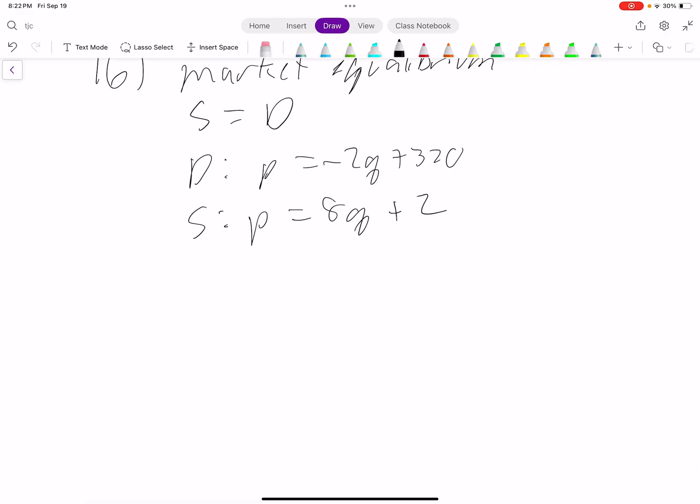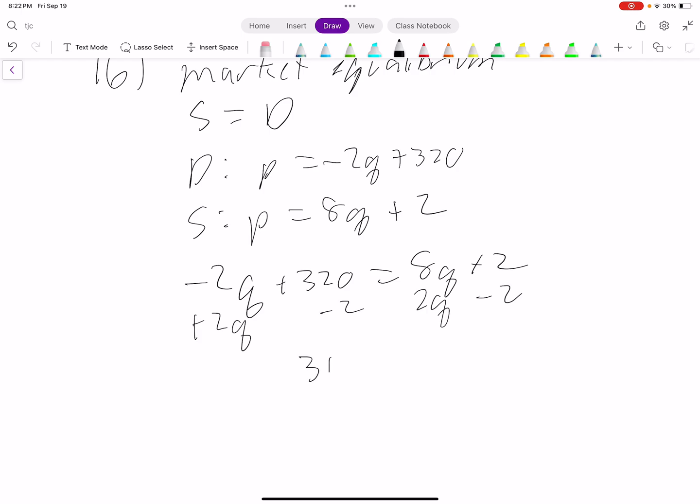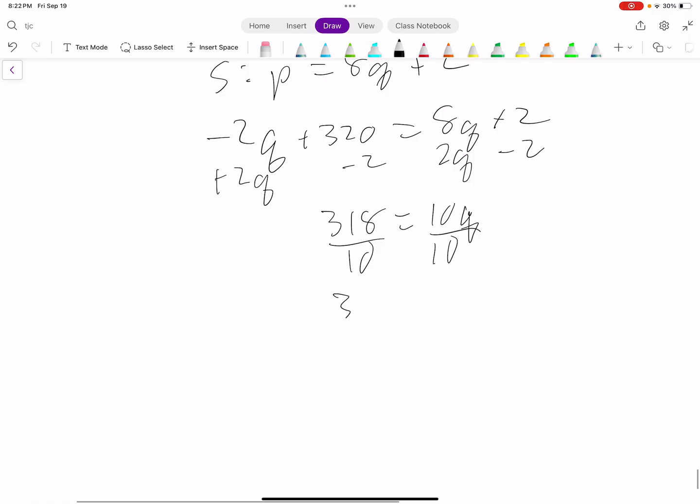Fortunately, they're both solved for P. So we're going to go negative 2Q plus 320 equals 8Q plus 2. Okay, add 2Q to both sides, and then subtract 2 from both sides. So you get 318 equals 10Q. Divided by 10, we get 31.8. That's our quantity.